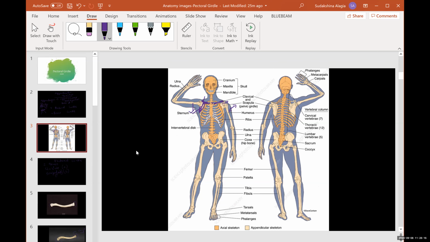The bone that makes up your arm is humerus. The bones that make up your forearm are radius and ulna. You can see radius and ulna. How do you know which one is what?